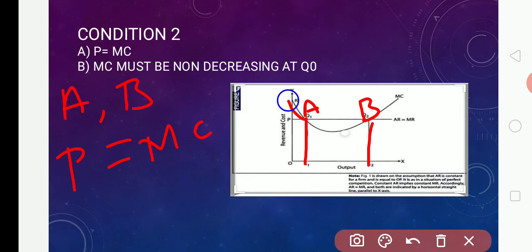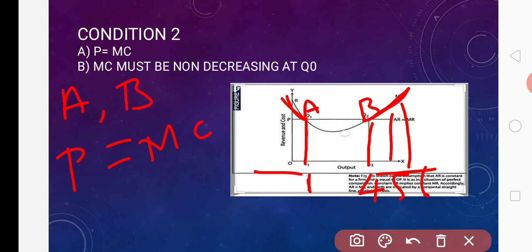So Q1 and Q4 are the lines which tell where price is equal to MC. And after Q4 there are another two lines indicating Q5 and Q6.